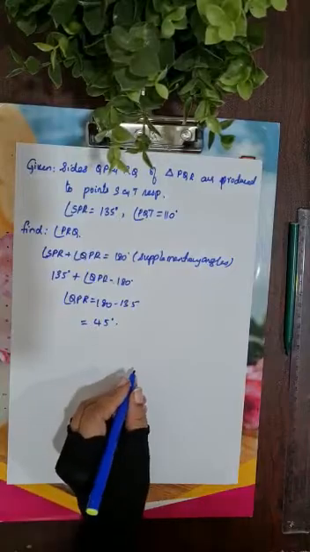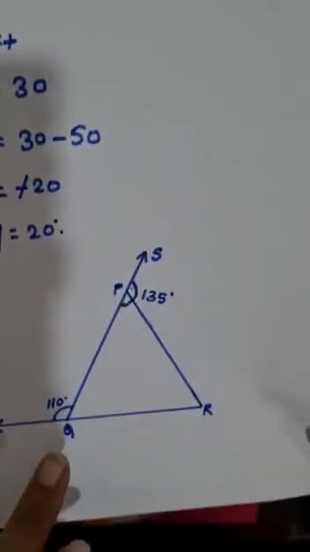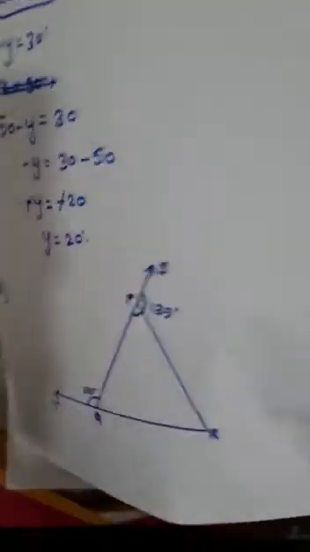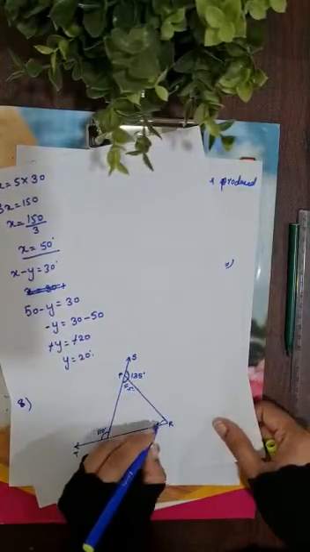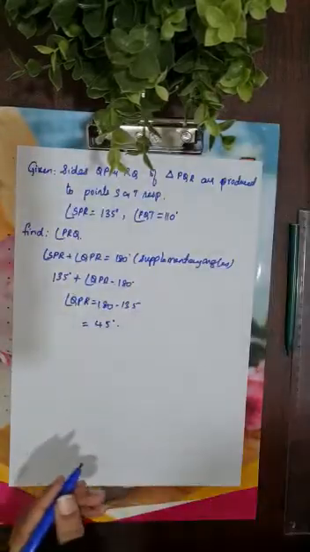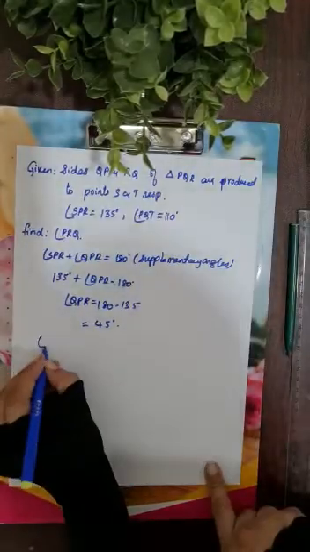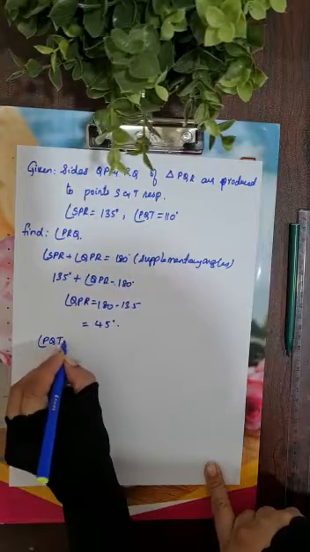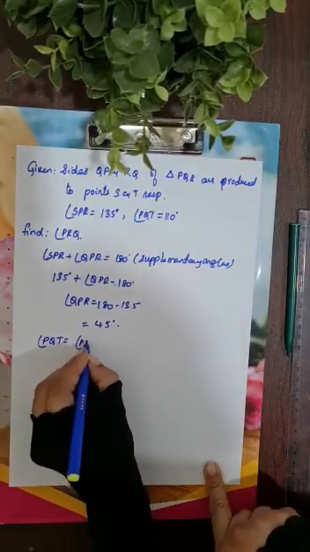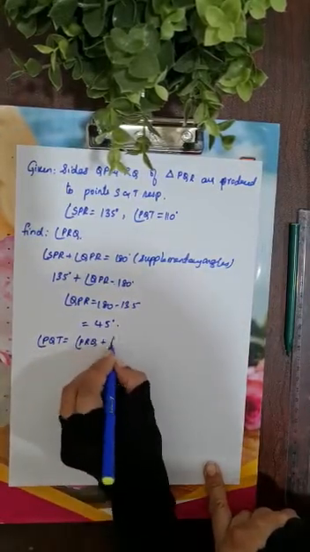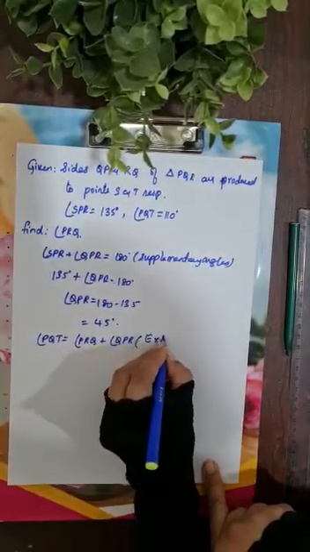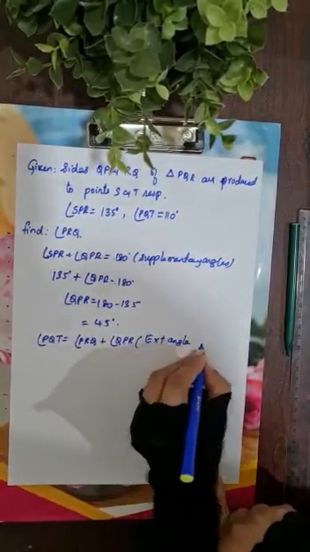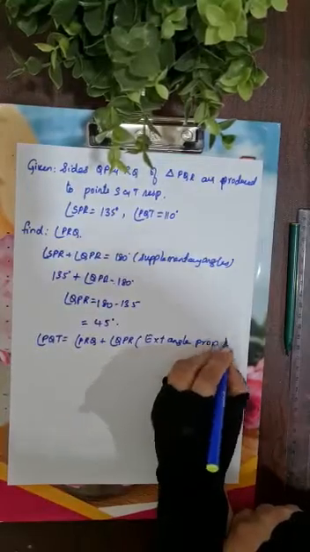Okay children, now we will use the exterior angle property. This is our exterior angle. We got the value here as 45 degrees. So we can find this. Okay. So angle PQT is equal to angle PRQ plus angle QPR, that is the exterior angle property.